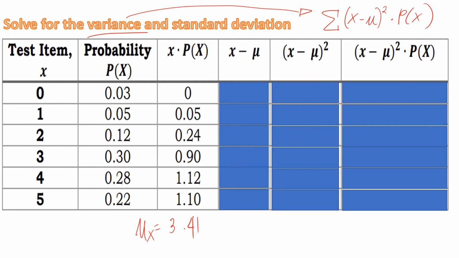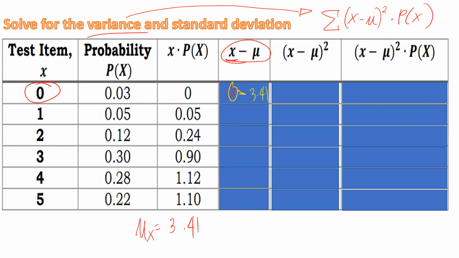Now, starting here in the column x minus μ, where μ is equal to 3.41, we start with the first x, which is 0. So x minus μ is 0 minus 3.41.